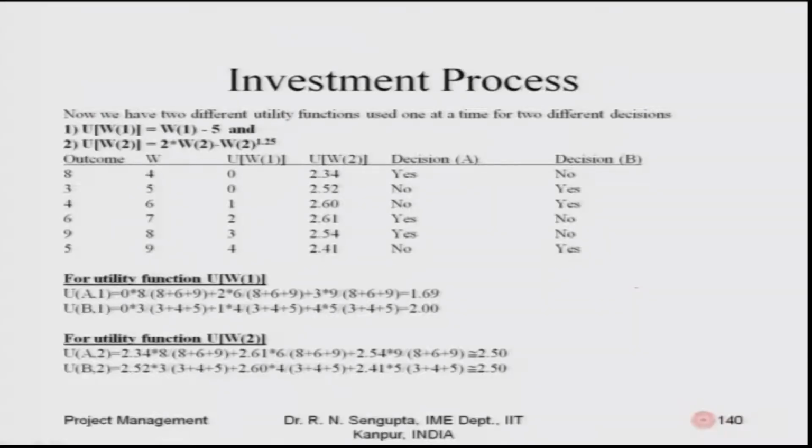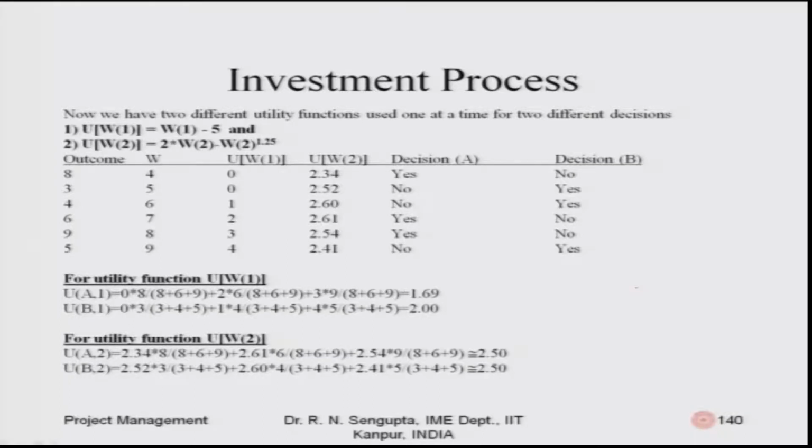So, that would basically be coming into the picture. So, how I do that from the outcome perspective, I will consider that. So, for decision A, the first one is yes, next two are no, then the next two after the no's are again two yeses and then a no. For decision B it is no, yes, yes, no, no, yes.